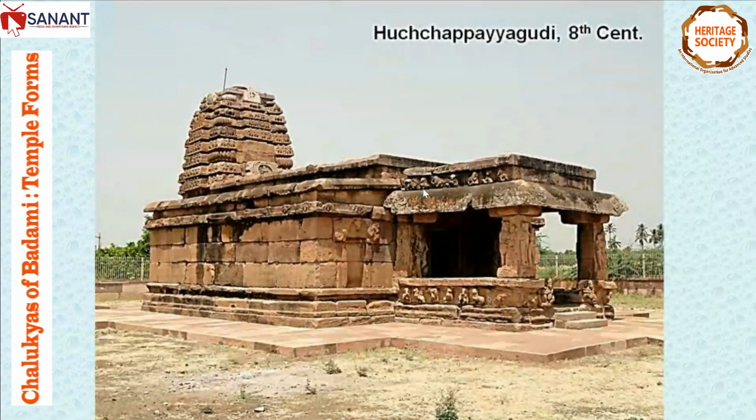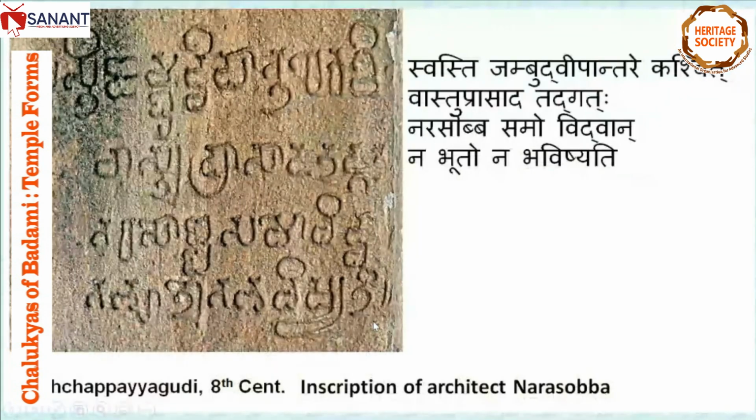This is the Huchchimalli temple. The plain wall is a feature of Nagara temples, and the superstructure, of course, has the same features which I've already discussed. The Mukha Chatushki is there. Fortunately, we have an inscription of the architect here.